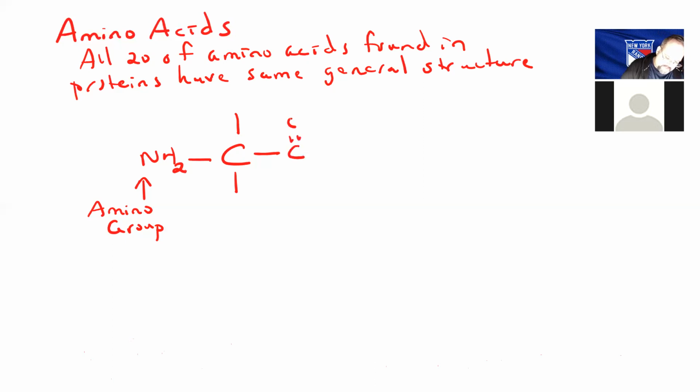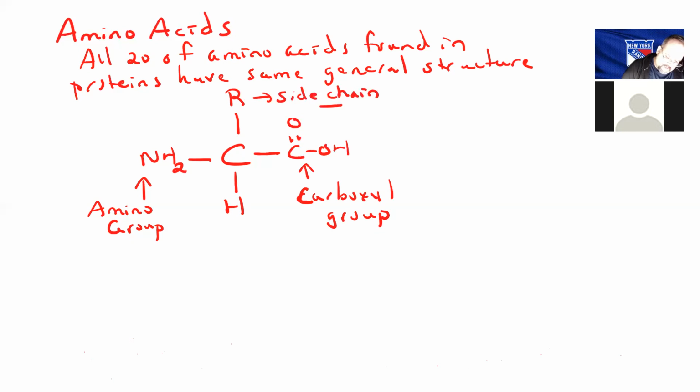Next, attached to the central carbon, you have a carboxyl group. And of course, where did we see carboxyl groups previously? We saw them when we talked about carboxylic acids. You also have a hydrogen, and then you have this generic letter R, which represents what is known as the side chain of an amino acid.